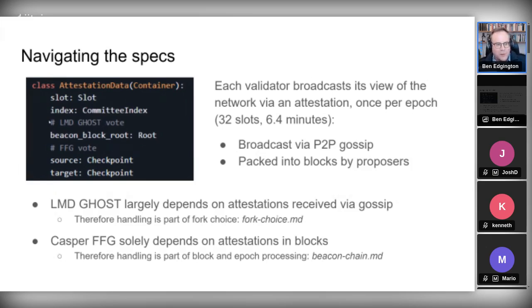This is the raw material for running fork choice. Two kinds of vote: LMD GHOST vote and FFG, which is the Casper FFG vote. LMD GHOST votes are for a block, so you vote for the root hash of a particular block, and FFG votes are for 2 checkpoints, and we'll look into those more later.